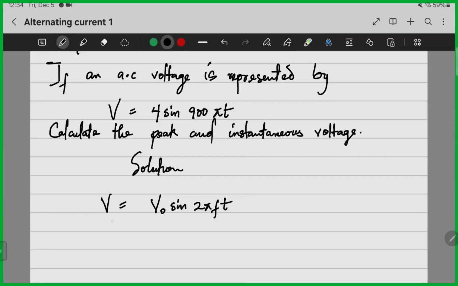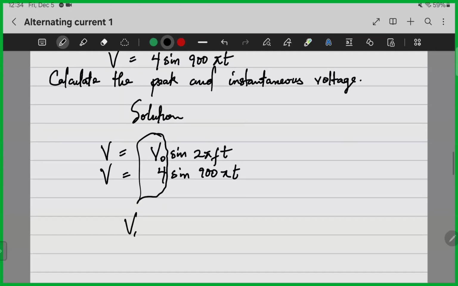So if we compare it with V equal to 4 sine 900 pi t, we can say these two are equal. So V naught equal to 4. We can say categorically that we have V naught equal to 4 volts.